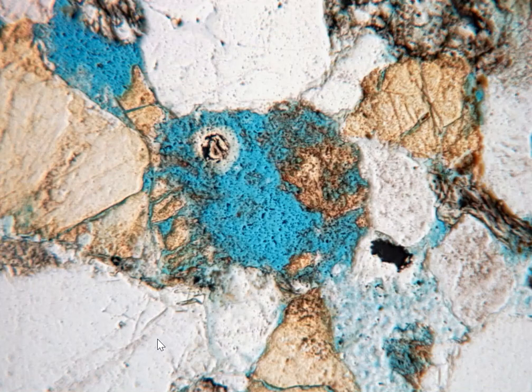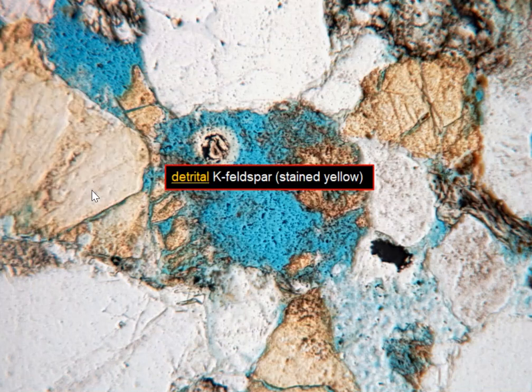Oops, I got excited there. Okay. Let's take a look. Again, we've zoomed in. We're mainly being directed to look toward the yellow stuff. If we're thinking about what we learned about dyes, we might be anticipating that this is K-spar with that yellow stain.